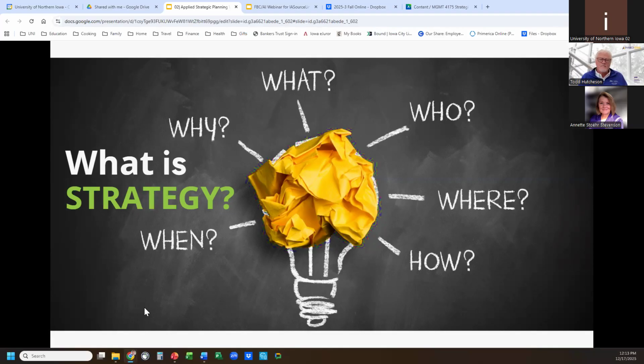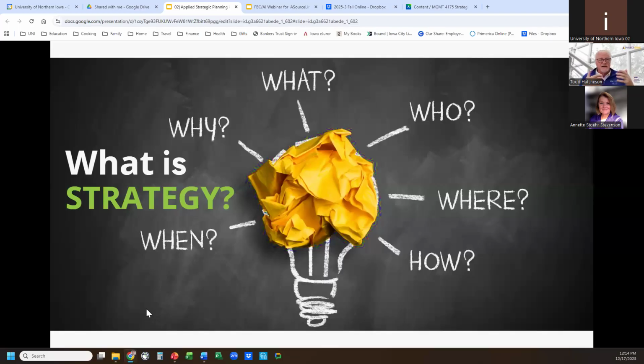Strategy, really high level. What is strategy? Understanding the who, what, why, when, how for your organization. The why, the purpose is where we intend to begin. We're going to talk about that in a little while. But answering all of these questions when you're creating a strategy, understanding why you're doing it is important, very important, maybe most important.